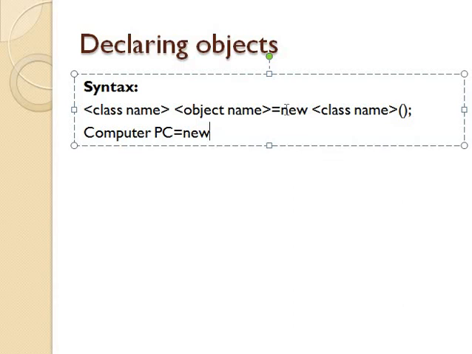Now what does this keyword new do? See, as soon as you declare an object, some amount of memory space will be reserved for this object. Okay, and your object will be created with the help of this new keyword, and memory space will also be allocated for the object.